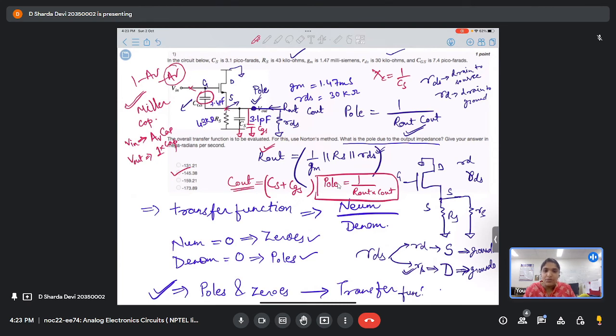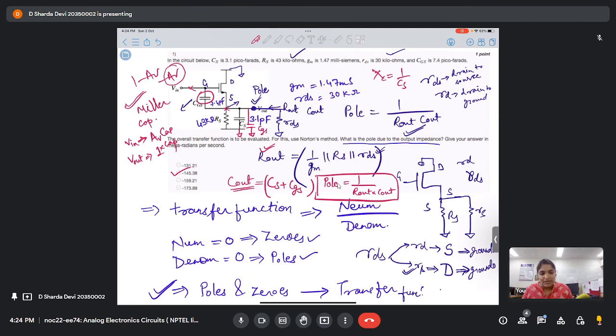Even when we talk about impedances, from the source impedance point of view, we mostly say it is 1 by GM. Actually it is 1 by GM plus GDS, and if you calculate perfectly, you'll get a few more terms. But we neglect those terms and focus on the major part, so we approximate. This also gives us an approximate transfer function, and it is much easier. That's why we go for this method.